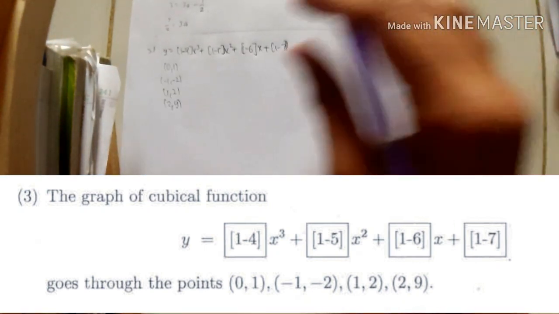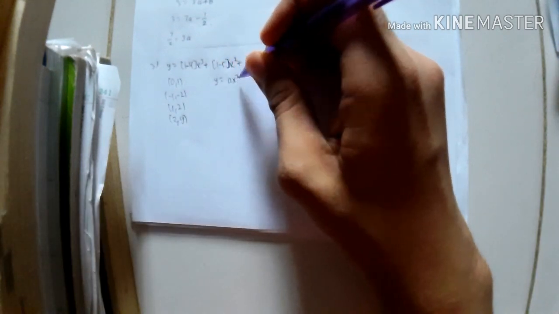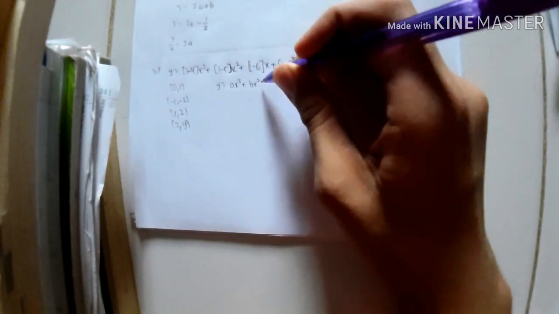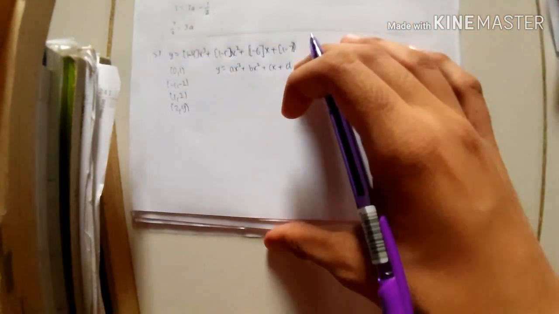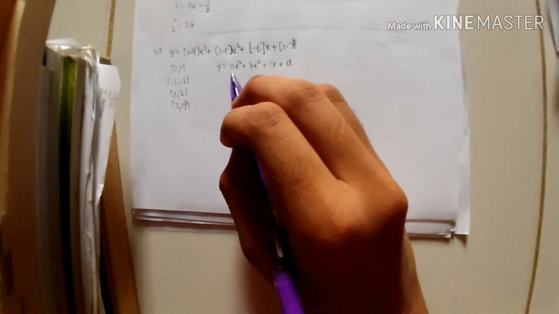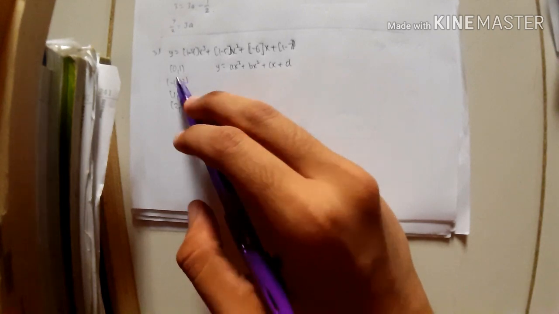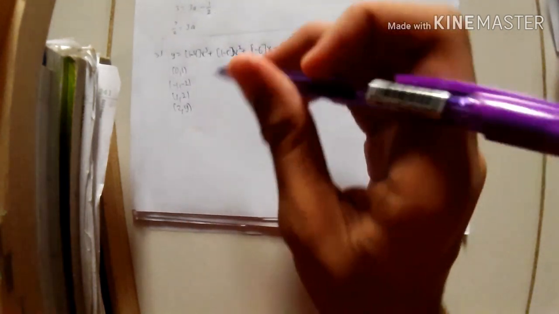Okay, so to ease the calculation, we just turn that into variables ax cubed plus bx squared plus cx plus d. Then you know that from this equation, to find the values of the constants a, b, c, and d, you could just substitute in all the coordinates.